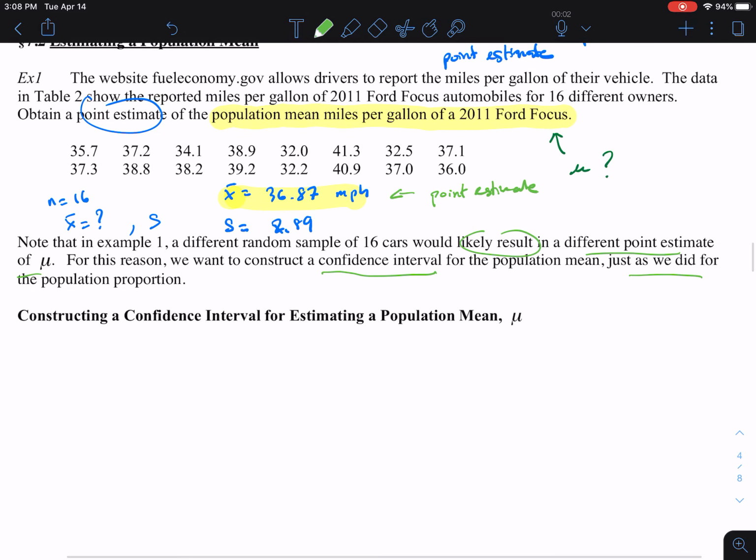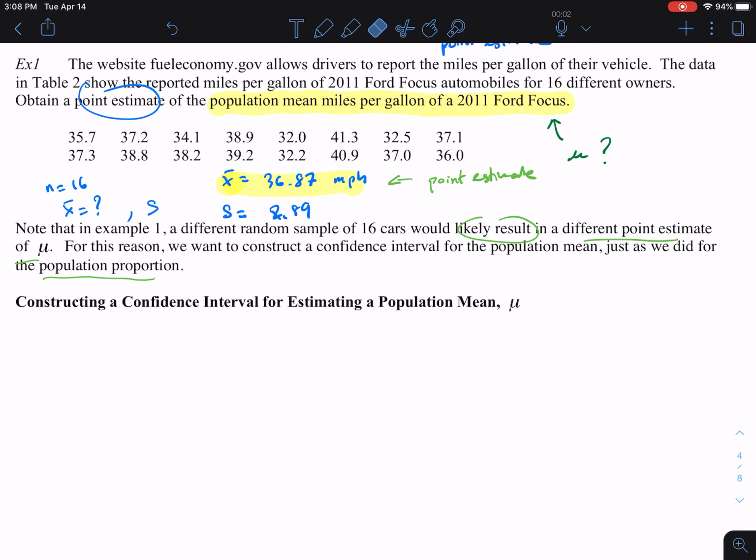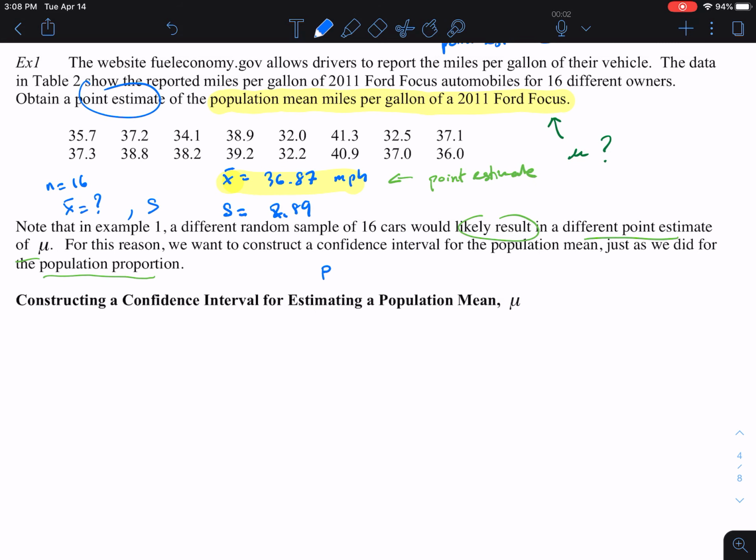Just as we did for the population proportion, that's what we did in 7.1. We learned how to do the math formally to construct a confidence interval to estimate the population proportion, that was p. So just quickly, this is what we did in 7.1. Recall, the population proportion can be estimated using p hat, which is a point estimate from the sample proportion, plus the margin of error, and p hat minus the margin of error.